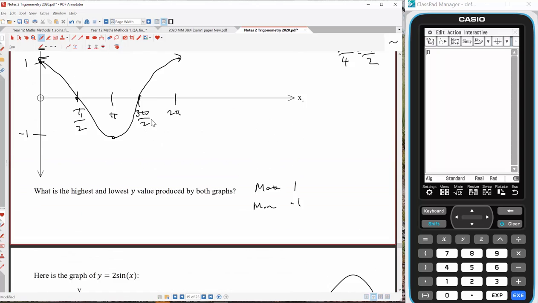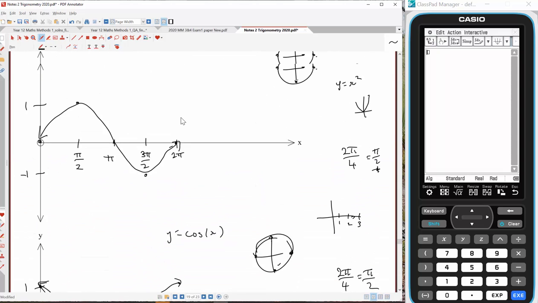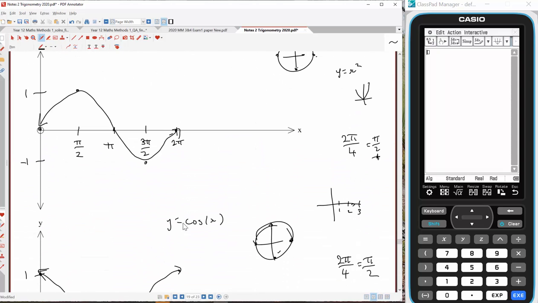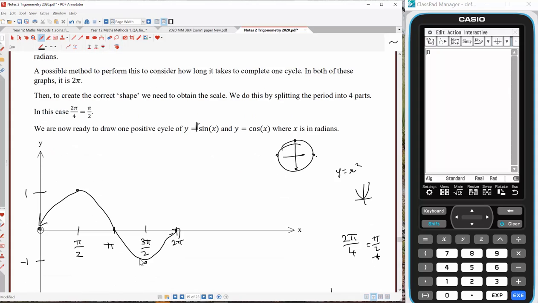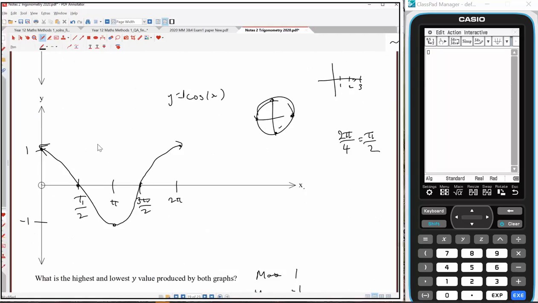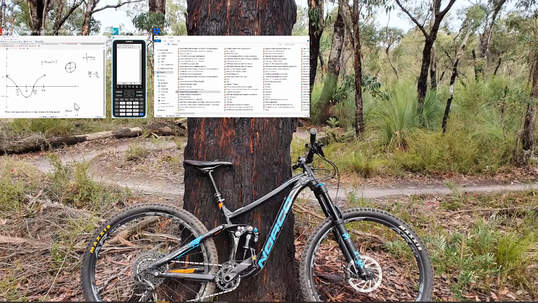Let's go back to this one here, and we'll note that for cosine x and sine x, the value before the cosine and sine is 1, and the max and min values are 1 and -1 for this graph.